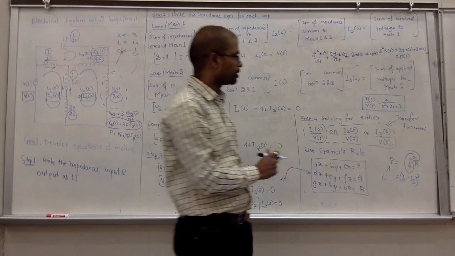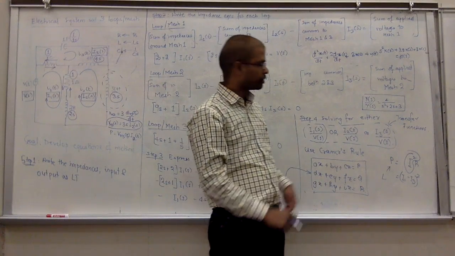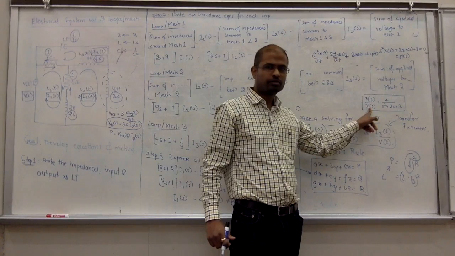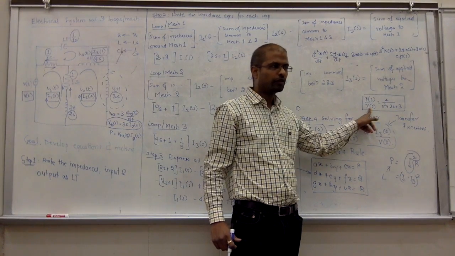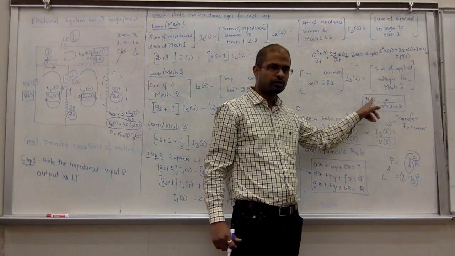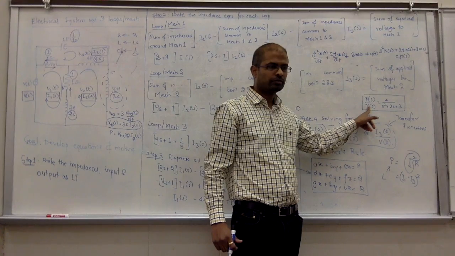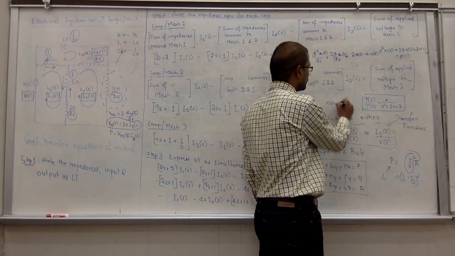So you seek a general solution and a particular solution. So general solution is this. Particular solution is if you are given specifically what this input is, then you can figure out what the output is. So if you're given the input as, let's say, a step input, then Y(s) will simply be equal to 1 over s.